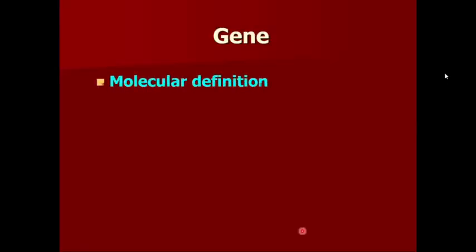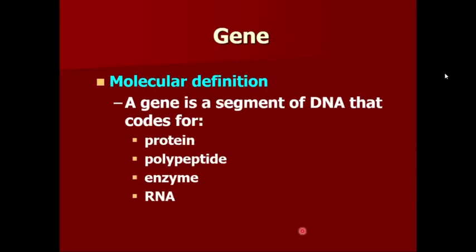But we are more interested in the molecular definition of a gene. It is a segment of DNA that codes for a protein, a polypeptide, an enzyme, and an RNA. And why enzyme? Because generally speaking, enzymes are protein in nature.